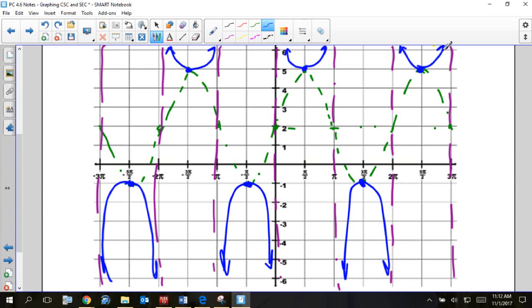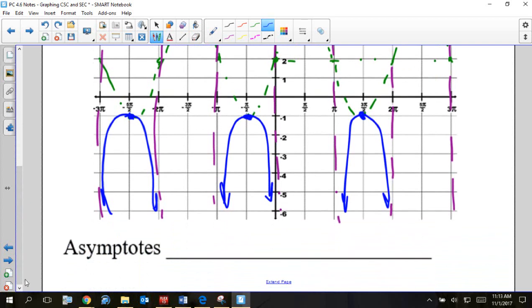That's why some people like to have the sine function in there, so they make sure they don't cross it. Oh wait, we forgot something.